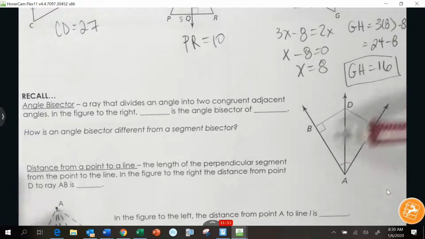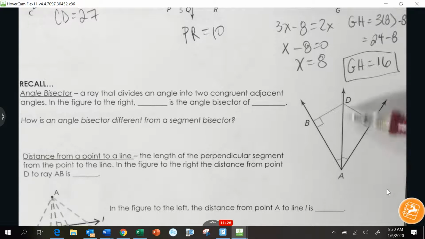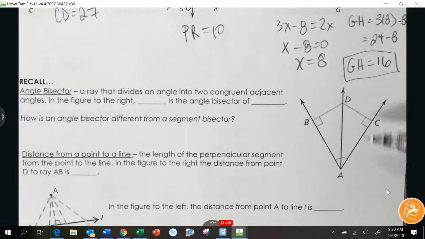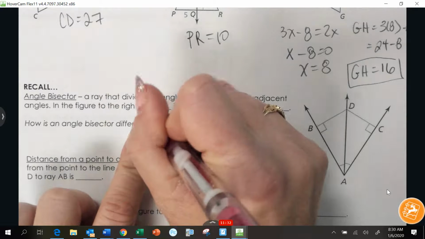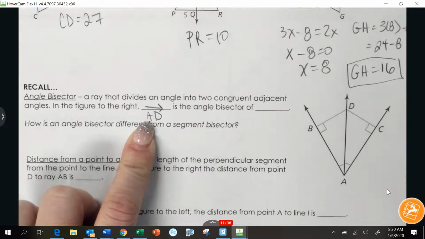Cameron, what is cutting the angle in half? Line DA. Okay, I'm going to go the other way. I'm going to say AD, and I'm going to call it a ray because it's starting at A and going.